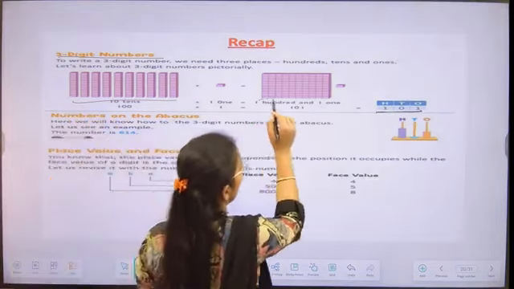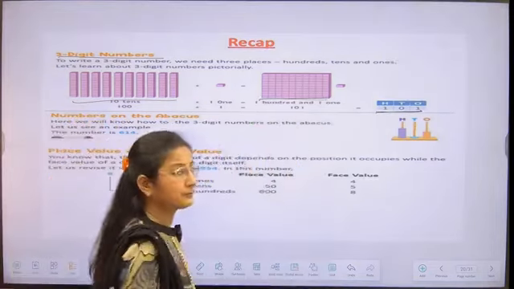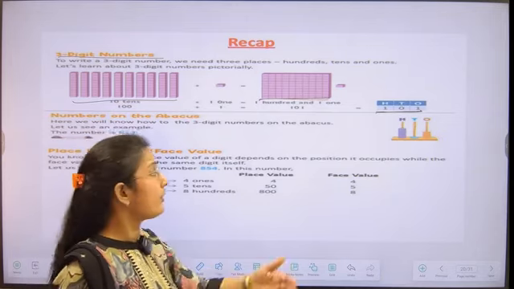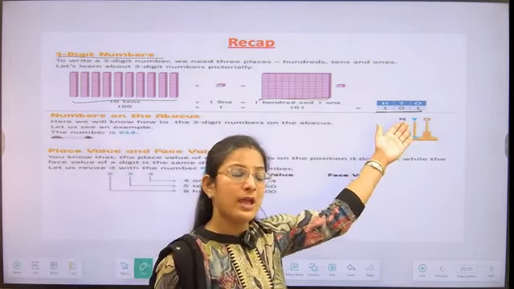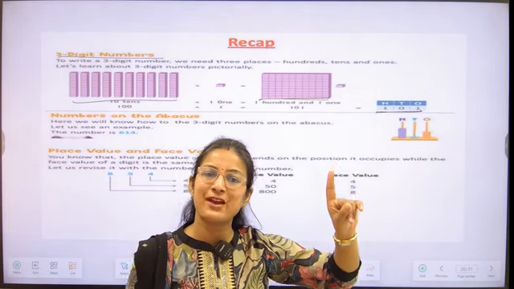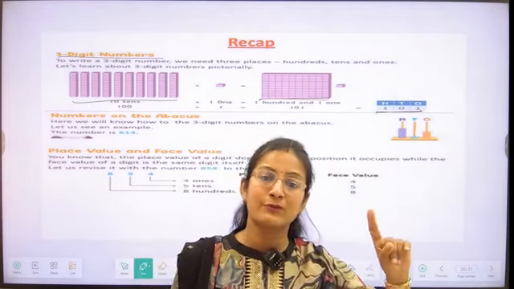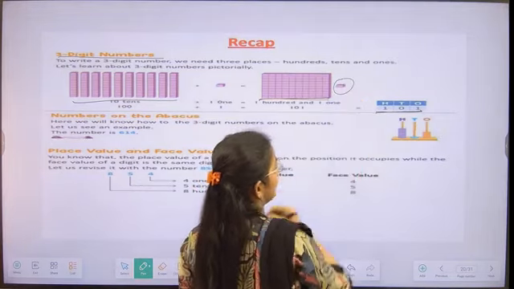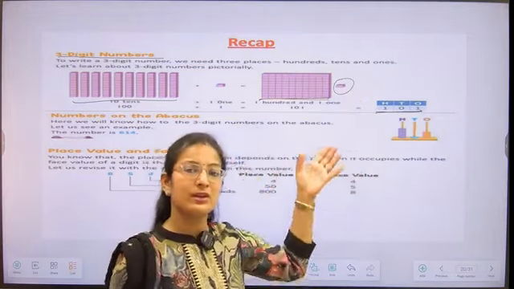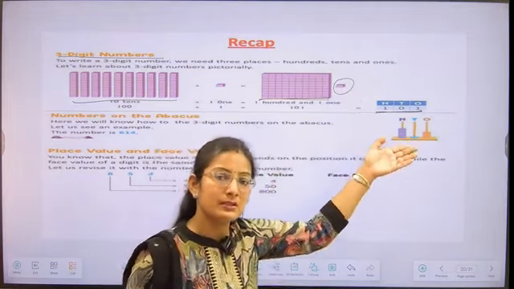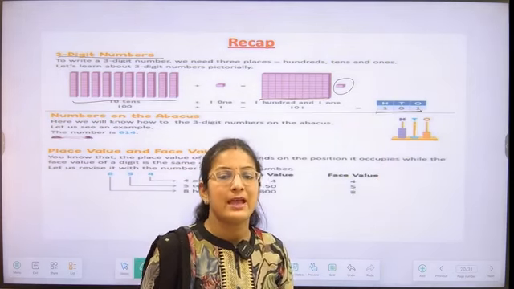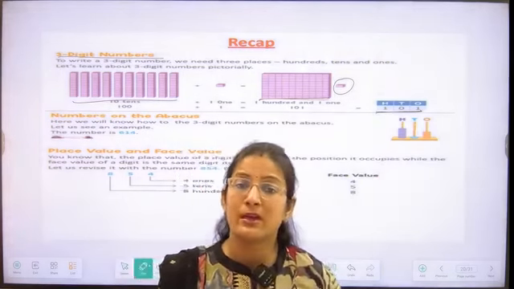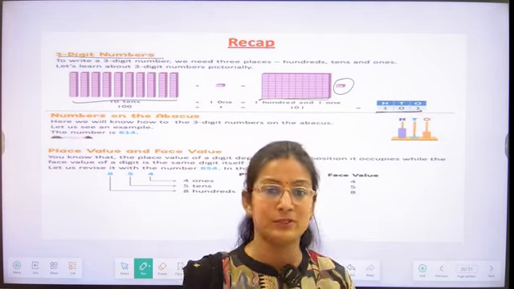For tens we have 0, and for ones we have 1, so we form one ones block. With this we form the three-digit number 101, and its number name is one hundred one.